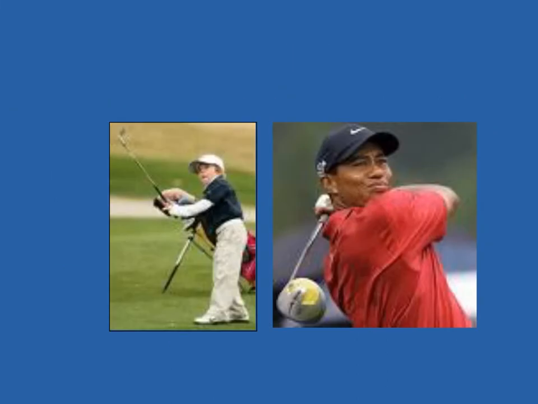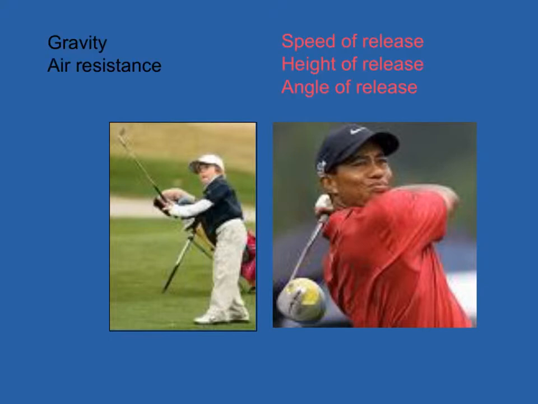All projectiles are affected by factors that determine how far and how high they will go. We've got control over some of that, and other things you don't have control over, such as gravity and air resistance. You can't control that. But you can control three factors, which we're going to look at today: speed of release, height of release, and angle of release.